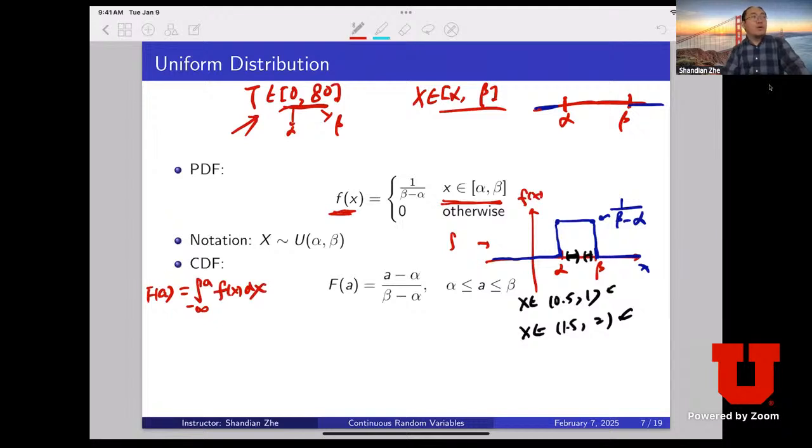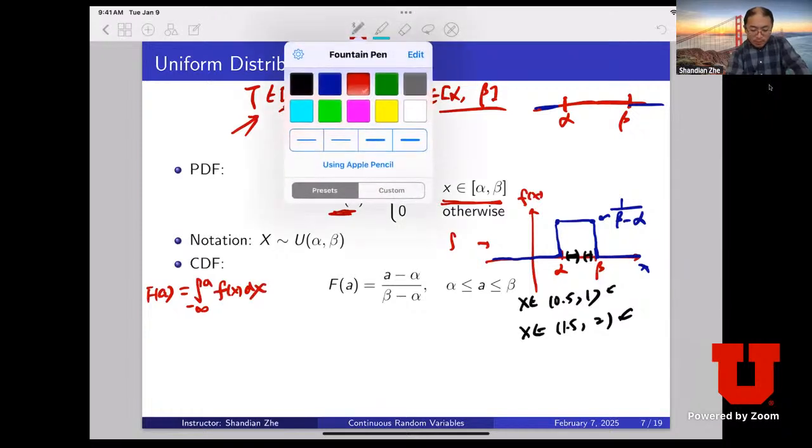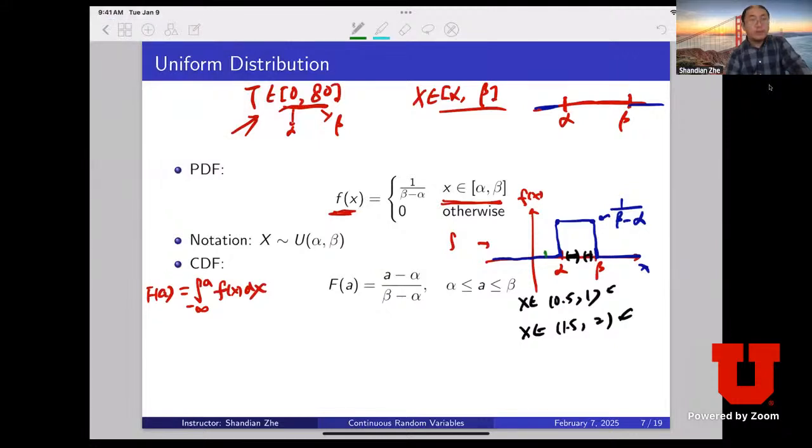Which cases should we consider? Any thought? You have to consider whether your a is less than alpha, or in the middle, between alpha and beta, or bigger than beta, right? Those are the three cases we should consider.